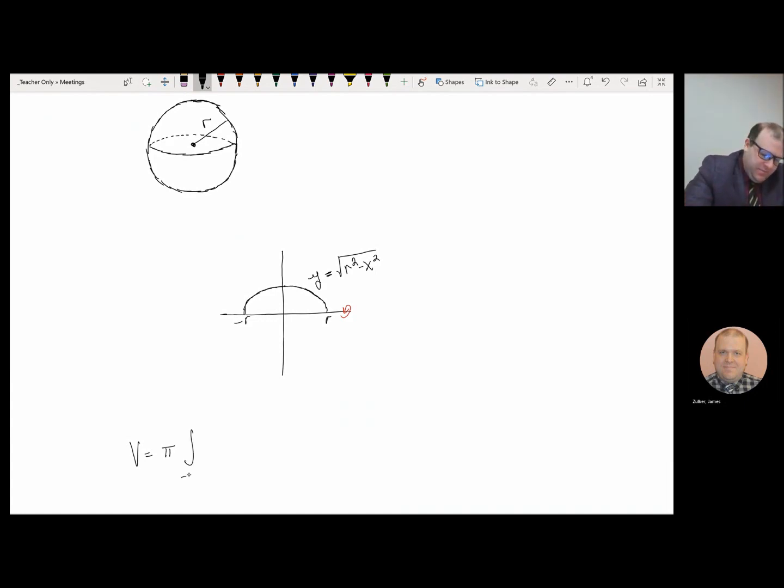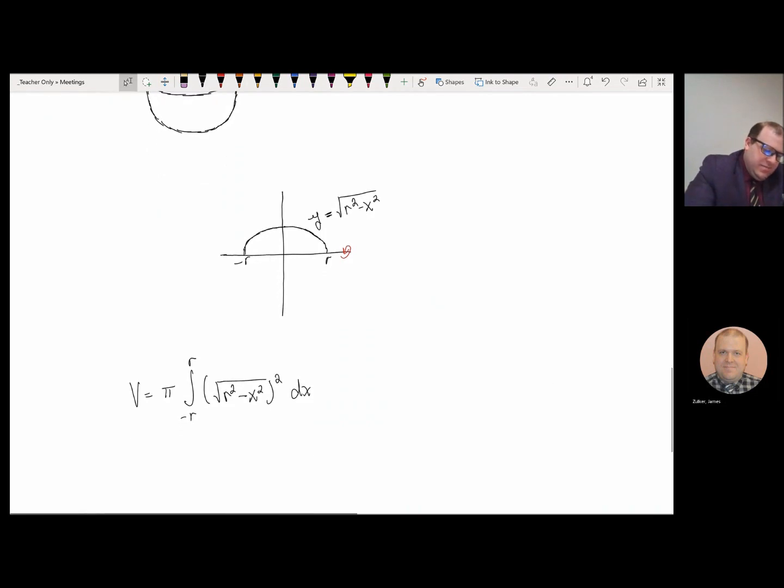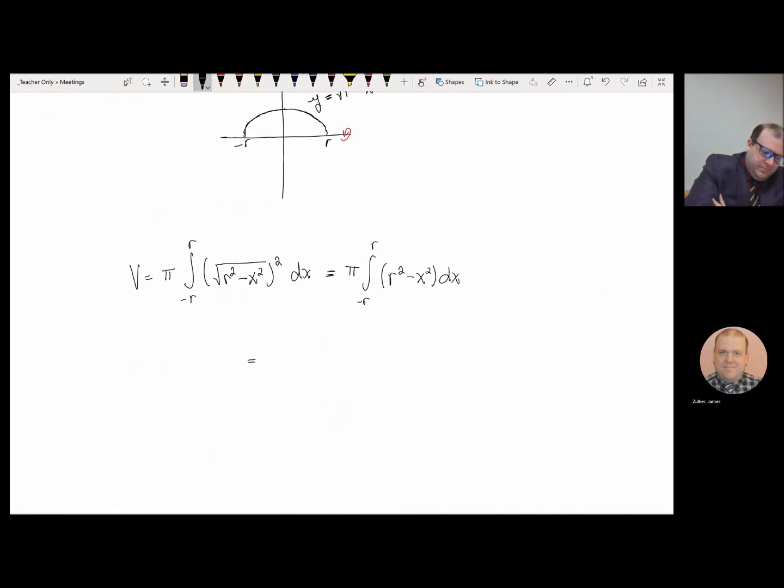Volume pi times the integral from negative r to positive r of our function squared. Right.